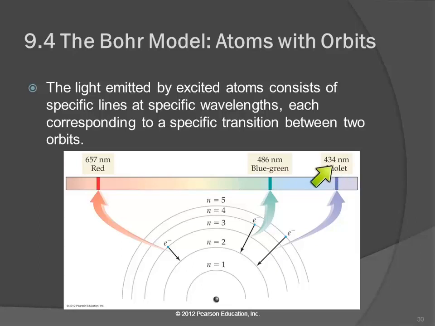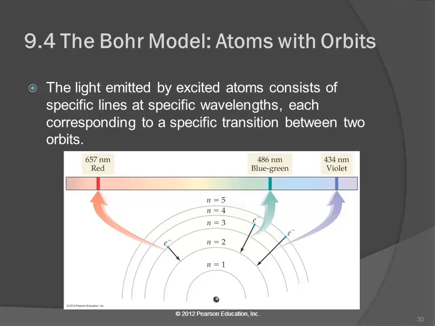The energy of that photon is equal to the difference in energy between these 2 orbits. The difference between these 2 orbits is a smaller amount of energy, a longer wavelength. These 2 orbits have a lower energy difference, and so the wavelength is longer.